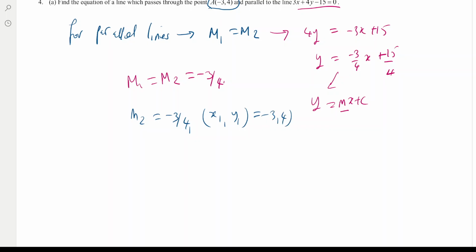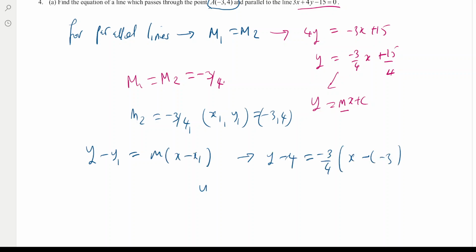So the equation will be y minus y1 equals m times x minus x1. From this you have y minus 4 equals negative 3 over 4 in the bracket x minus negative 3.